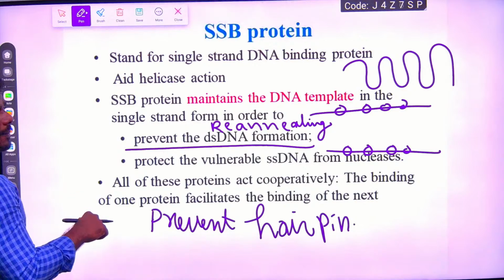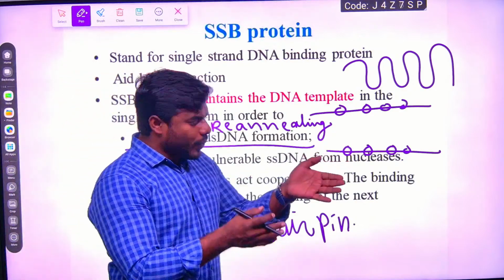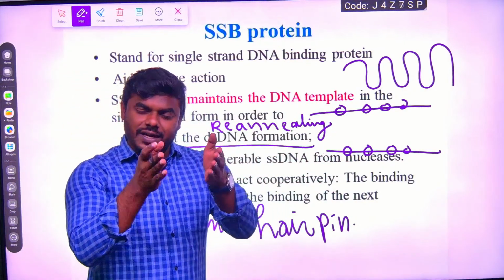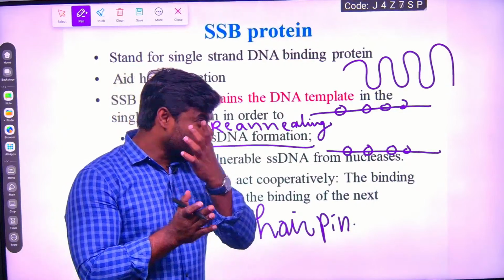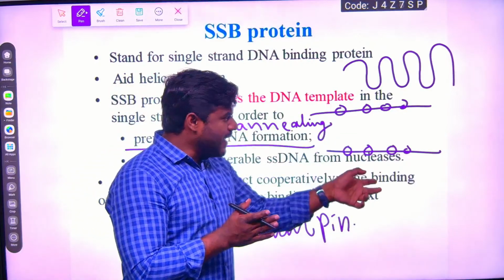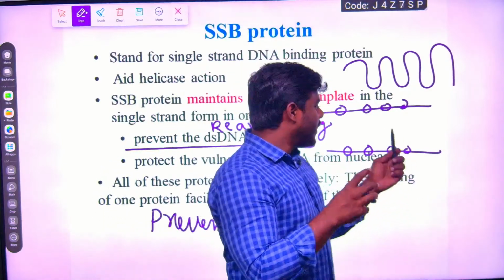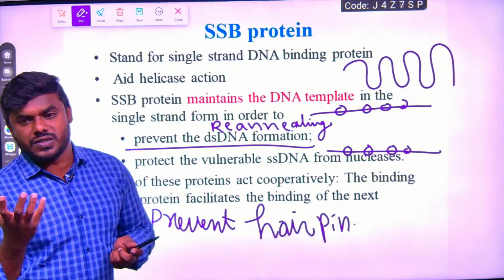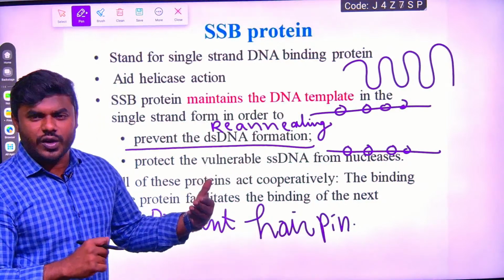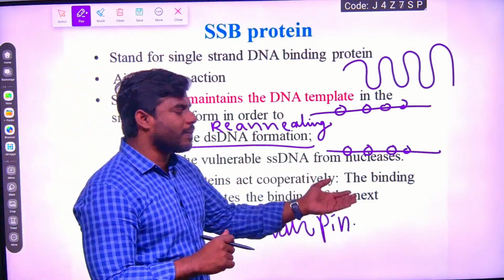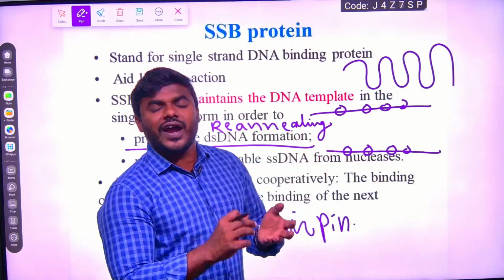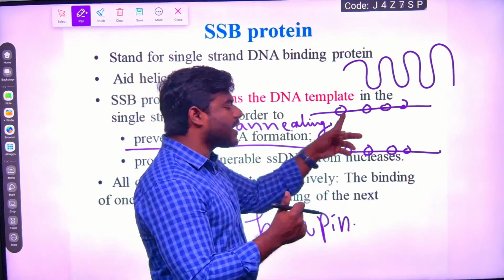At the same time, remember my words: when the DNA is in the double stranded form, it is most stable. When the DNA separates into two single strands, they are more prone to being degraded by vulnerable enzymes such as exonucleases and endonucleases. They keep on moving in the cytoplasm and nucleus. If they find something unprotected, they will come and degrade it.